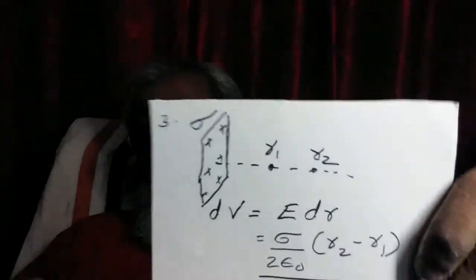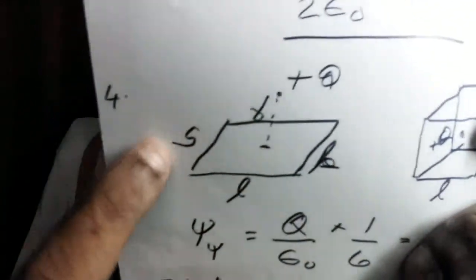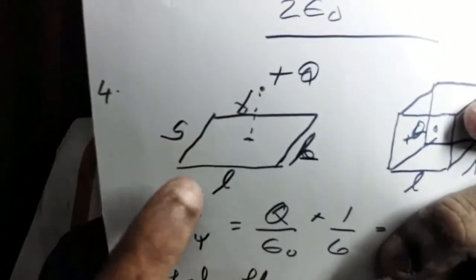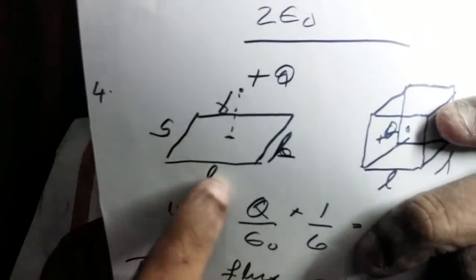Another question. This is a plane surface, a square surface of side L, small letter l.